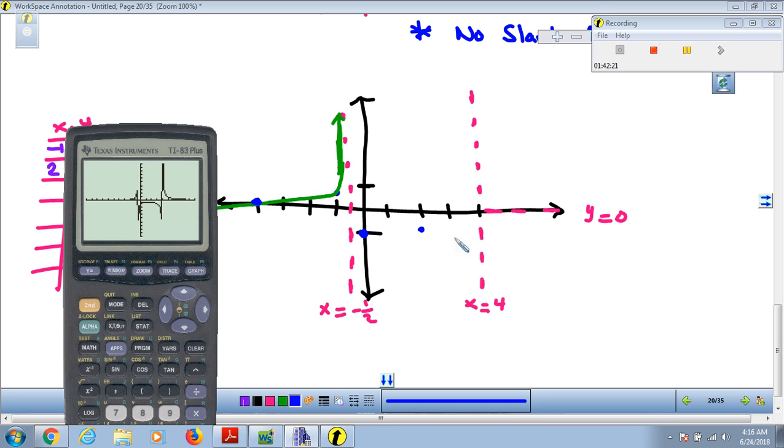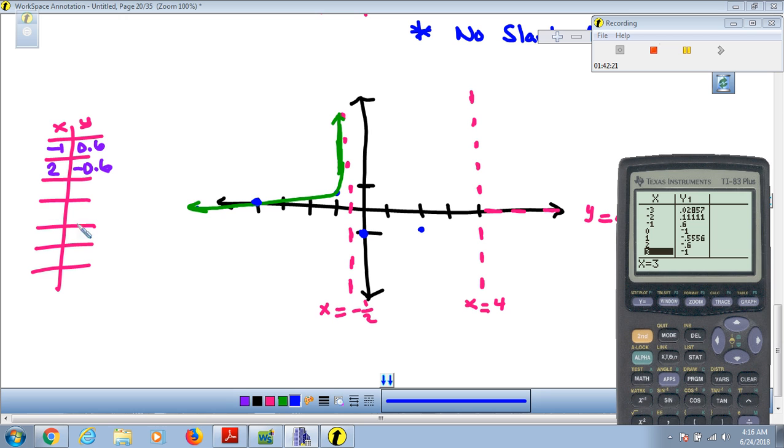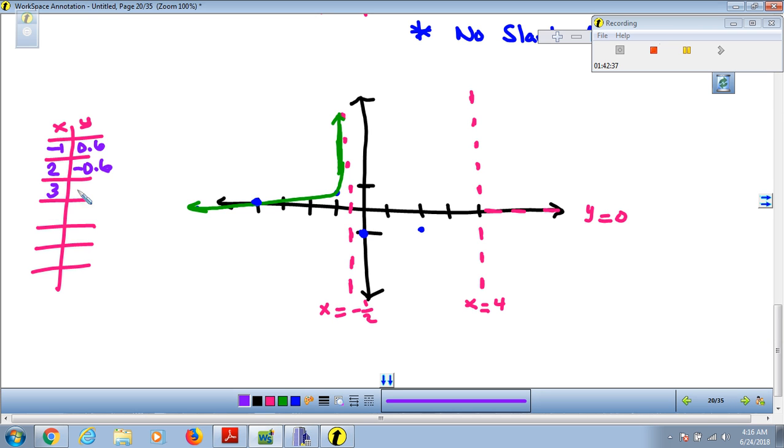I don't know if you want to choose another point. Let's say 3. What's 3 going to be? 3 is -1. That's a good point to choose. 3, -1. So a little bit lower. And then we do this. Something like that.